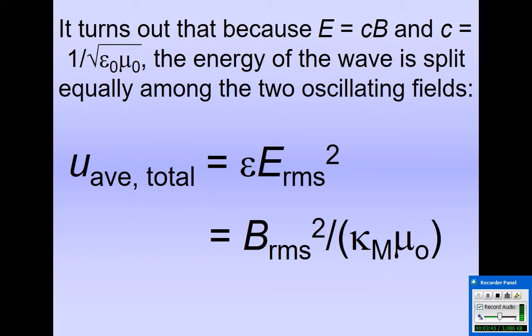And the total energy is equally split between the electric field oscillations and the magnetic field oscillations. So you can pick one expression or the other to find the total average energy density, and you can also come up with an expression for the electric field strength as compared to the magnetic field strength.